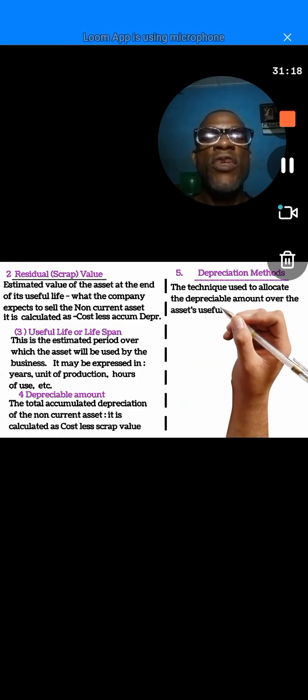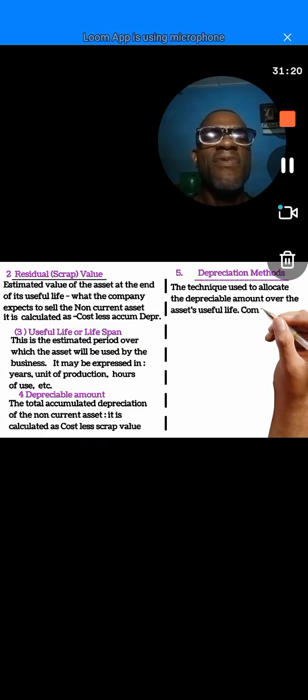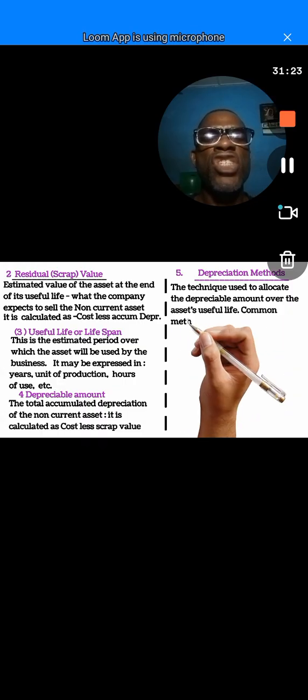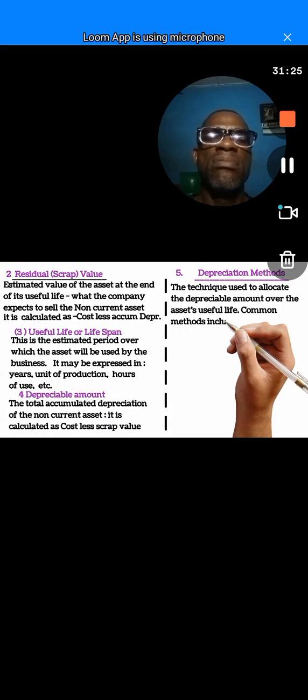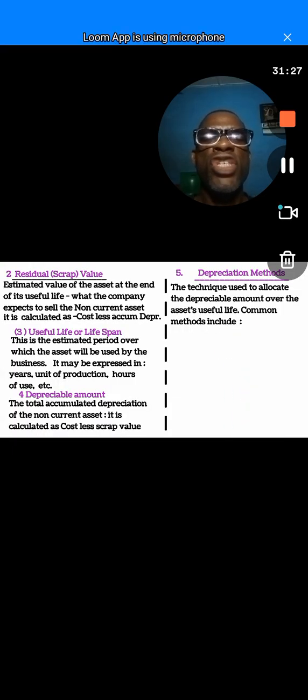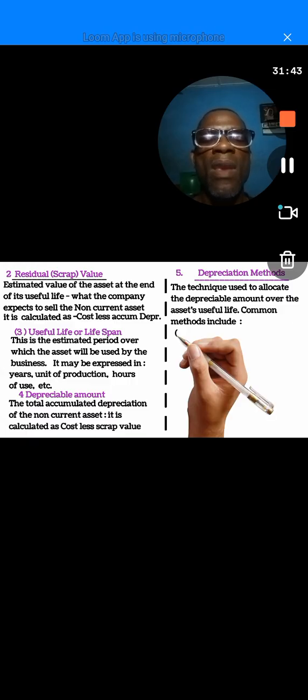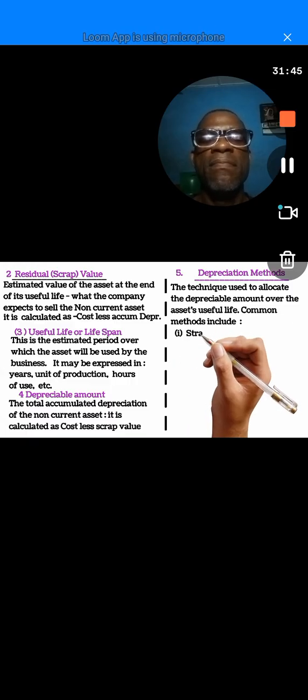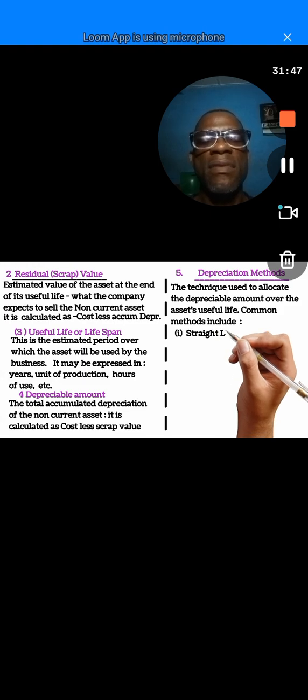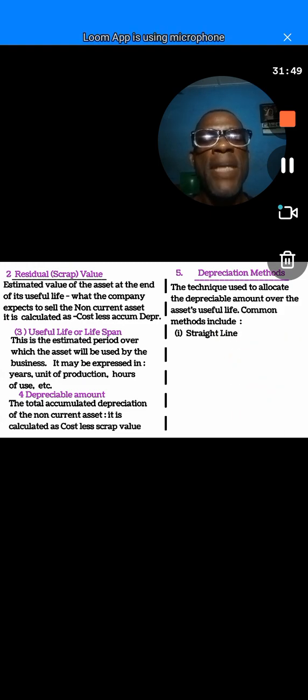Now, there are about 8 depreciation methods in use. One, the straight line method.